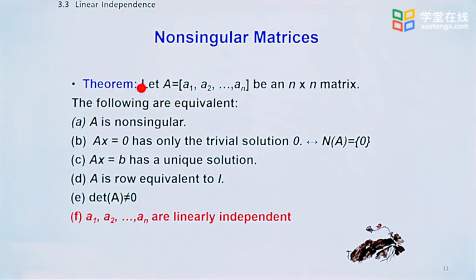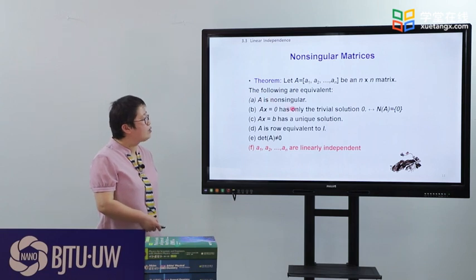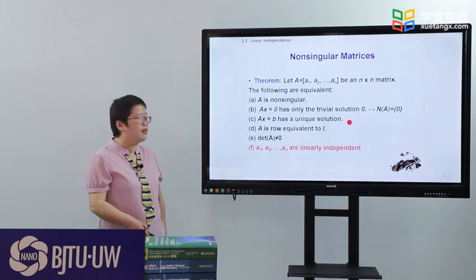This is equivalent to B: Ax equals 0 has only the trivial solution, only the 0 solution, which is equivalent to the null space of A being the 0 vector only. And C, this is also equivalent to Ax equals b having a unique solution, x equals A inverse times b.